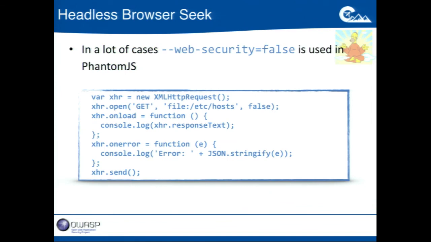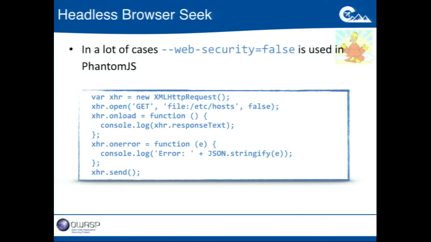Another common scenario is having same origin policy turned off in Phantom.js, because lots of third-party tools use Phantom.js for the network layer, instead of curl, since Phantom.js evaluates JavaScript. They don't really care about same origin policies, so they either hardcode the web security equals false argument when they launch Phantom.js, or they recommend you launch it with same origin policy off.